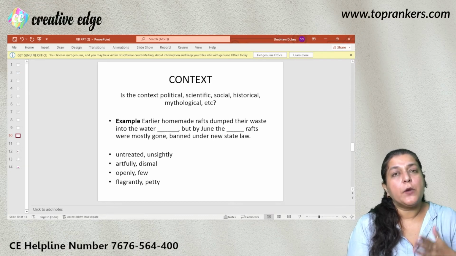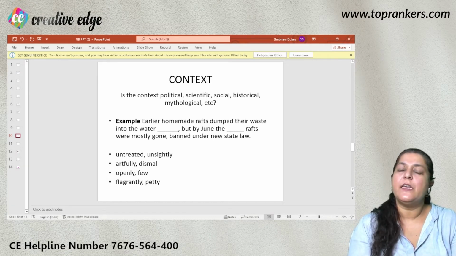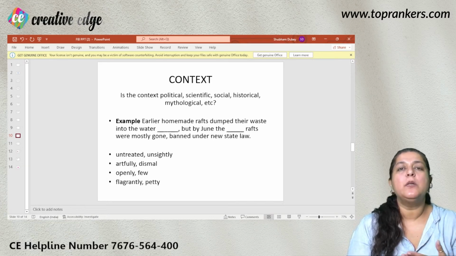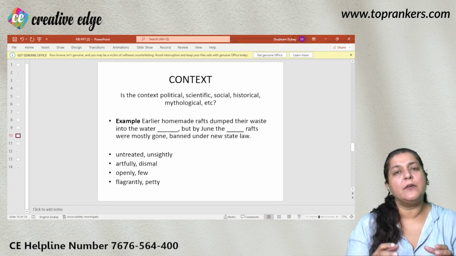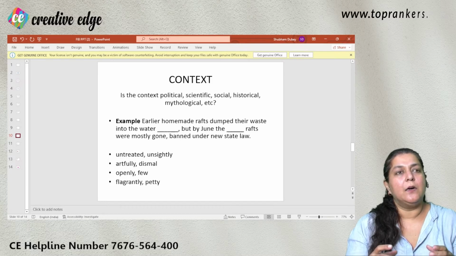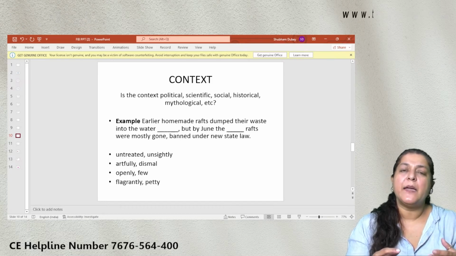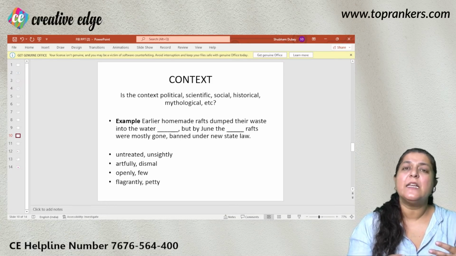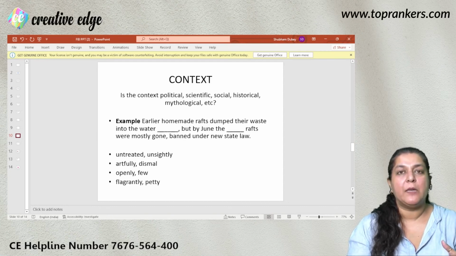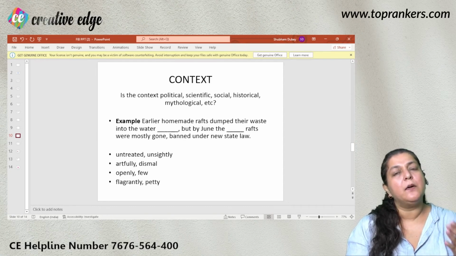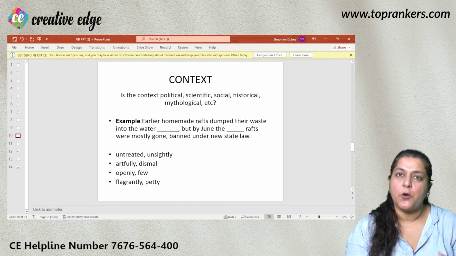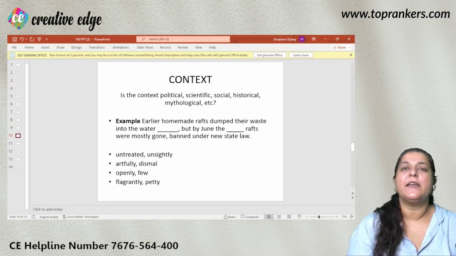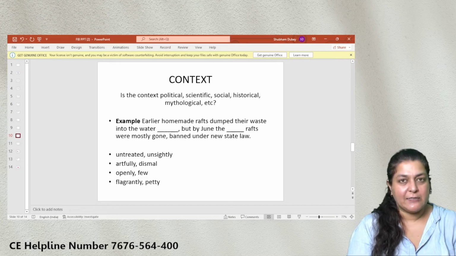When they're talking of homemade rafts, it is very normal for them to be of a smaller size, made by a single person or one or two people. Whereas if it had been industrially made or a factory made product, it would have been larger in size with more capacity and things like that.